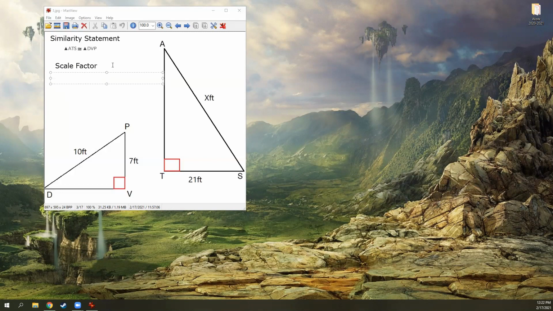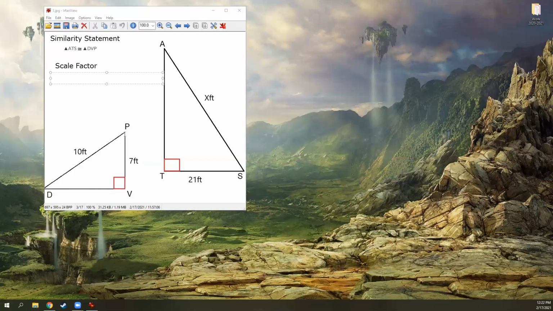So the scale factor, how do you find it? All you're going to do is set up a fraction of corresponding sides, which the similarity statement gives you, and then reduce the fraction. So I need to find a pair of sides in the small triangle and the big triangle that are corresponding, and I have a number on each.